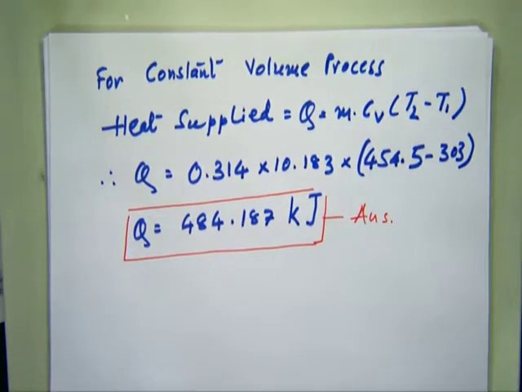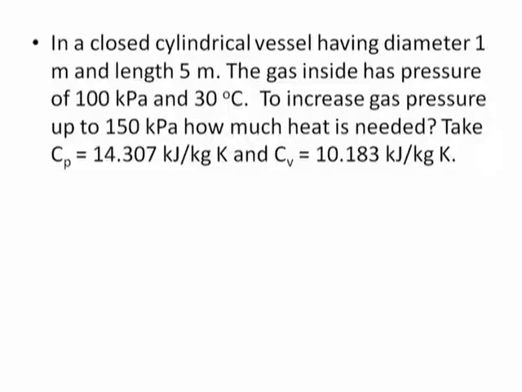So friends, we have done a small exercise based on constant volume process of the given data. We move further to the next process, that is called constant pressure process. Under the non-flow process, another process is the constant pressure process.